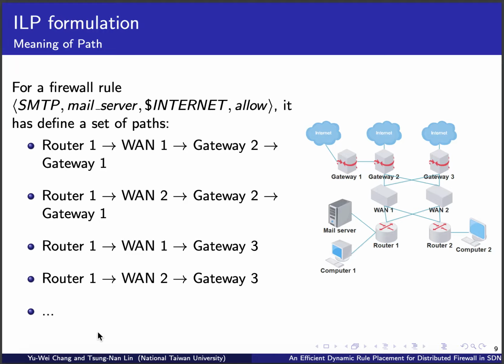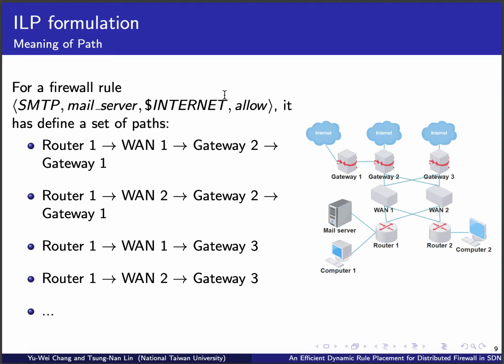And here's a figure to illustrate it. What is the path? For a firewall rule like this, it allows the packets of protocol SMTP from the mail server to the internet.